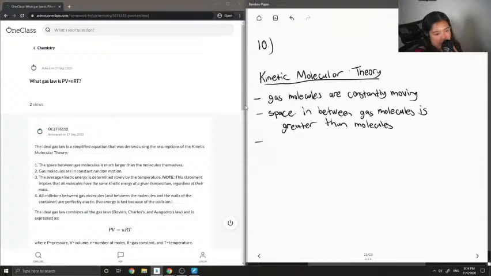This also assumes that kinetic energy is determined by temperature. And lastly, it assumes that all collisions are elastic.